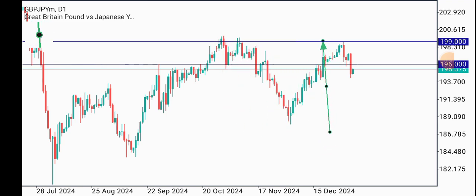After the reaction, price went back to retest the level and gave us the same reaction in a more aggressive manner, which is this bearish displacement from the key daily structural level.